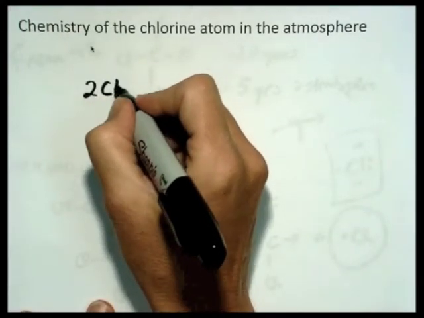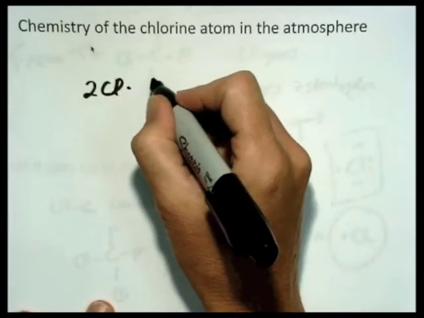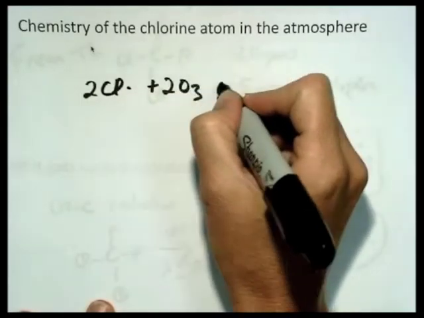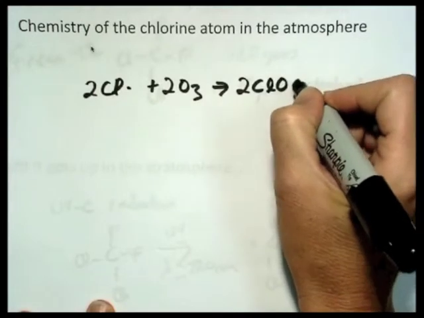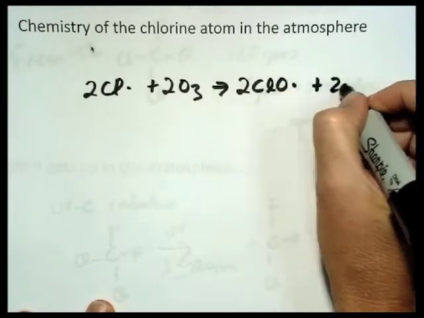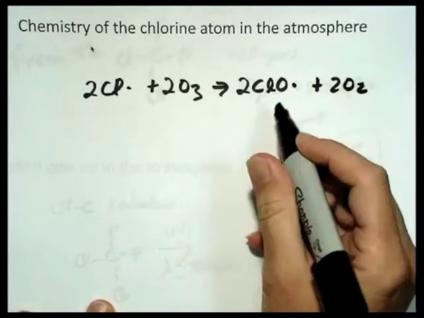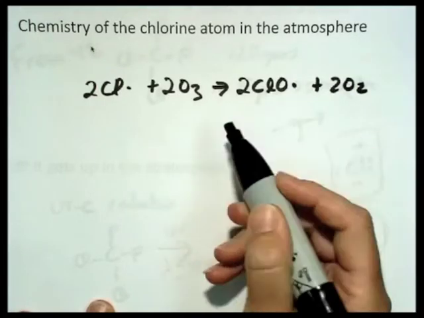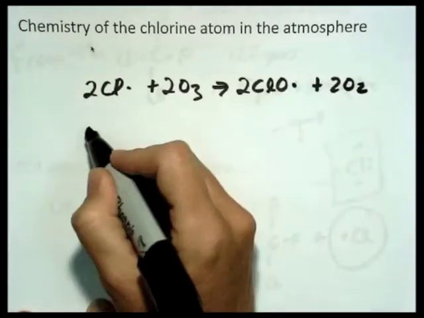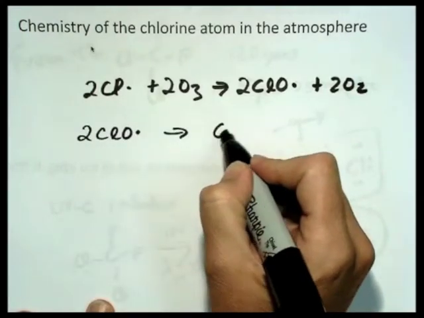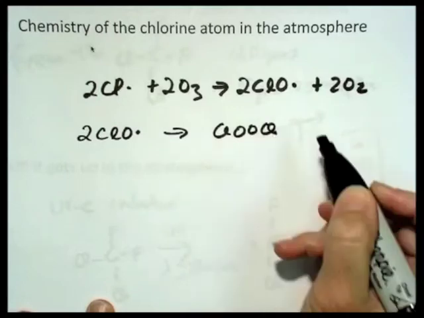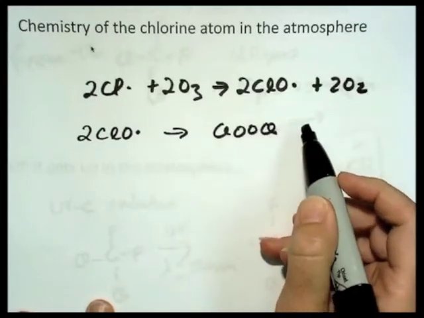The chlorine atom will react with ozone to make this, plus 2 oxygen. This is a chlorine oxygen free radical that itself will combine to form one of these strange molecules, chlorine, oxygen, oxygen, chlorine.